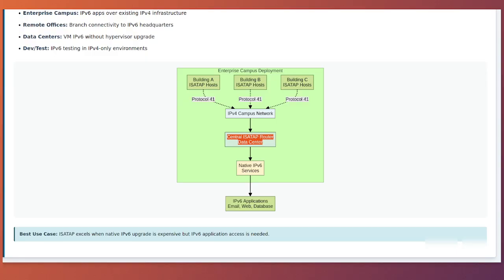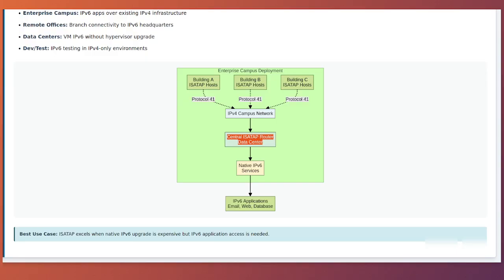Data center virtualization environments benefit from ISATAP in specific scenarios. In a data center with many virtual machines running on an IPv4 virtual network, ISATAP can provide IPv6 connectivity to those virtual machines without requiring the hypervisor or virtual switch infrastructure to support IPv6 natively.